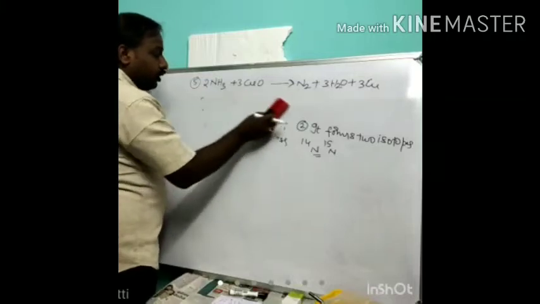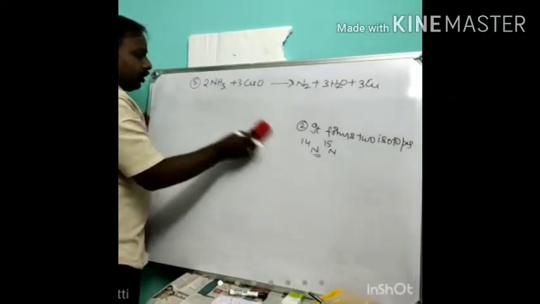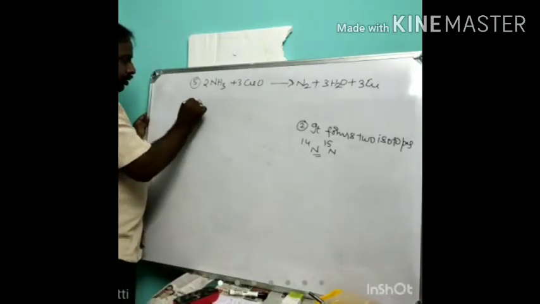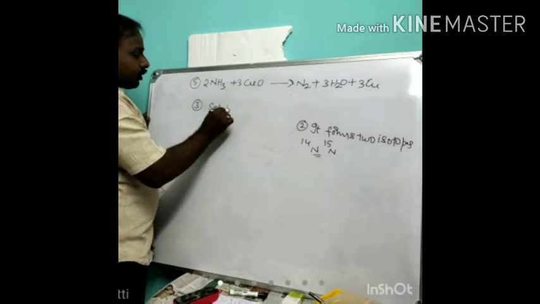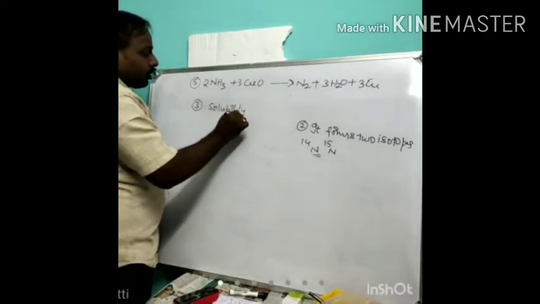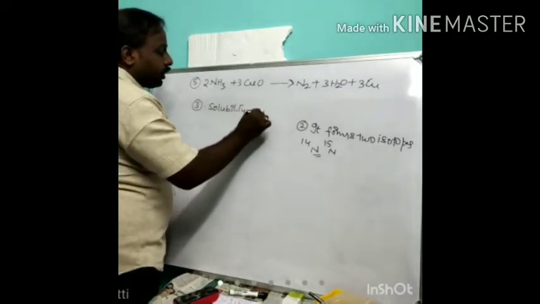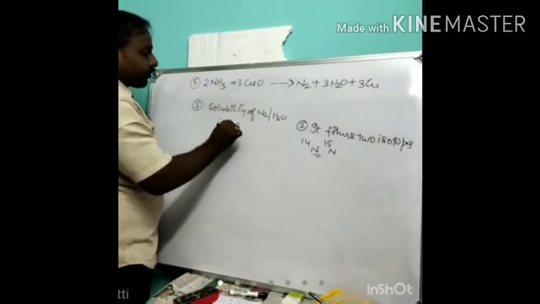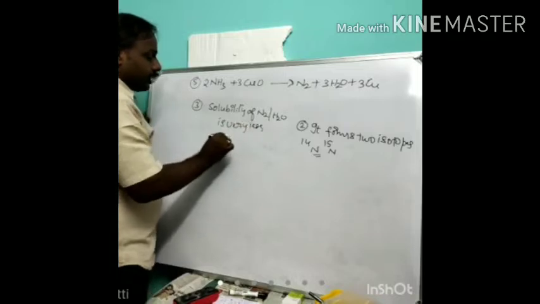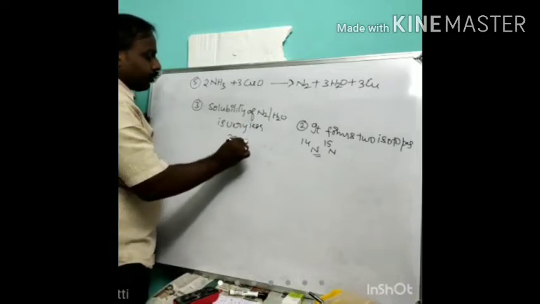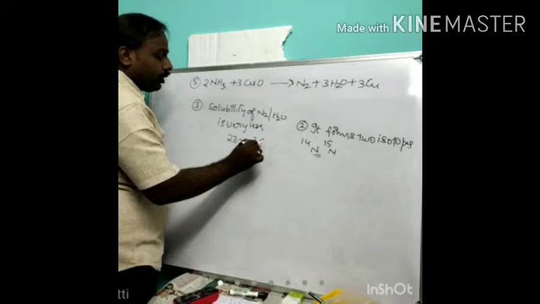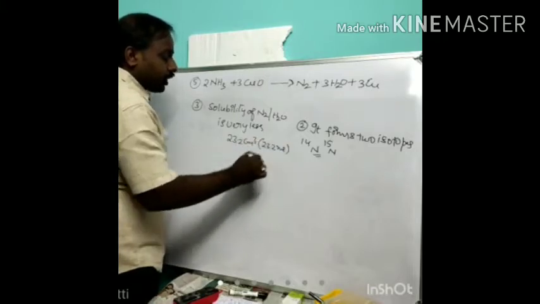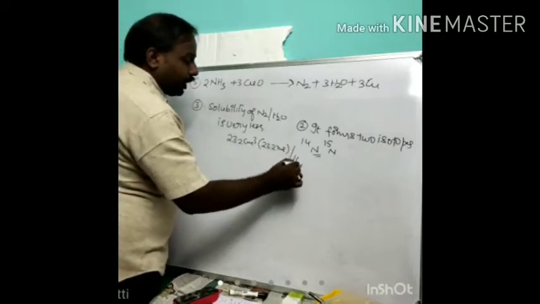The third one, solubility. The solubility of nitrogen in water is very less. That is 23.2 cm3, nothing but 23.2 ml per 1 liter of water.